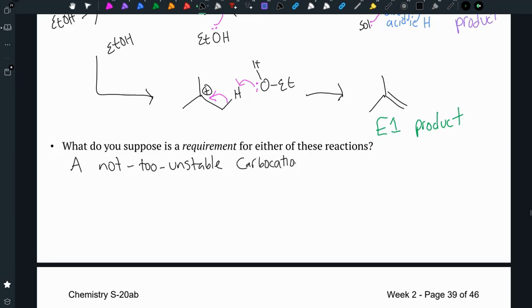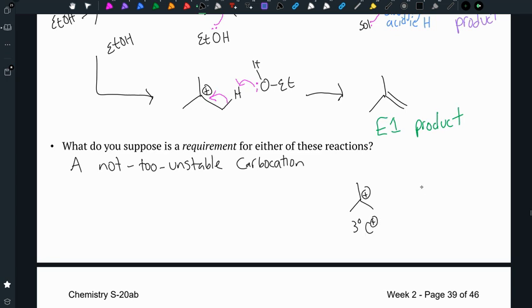And I know that's an awkward phrase, but whenever I talk about carbocations, I don't like to talk about carbocations being stable because they are all unstable. I like to refer to them as more unstable or less unstable. So remember that a tertiary carbocation is going to be relatively stable.